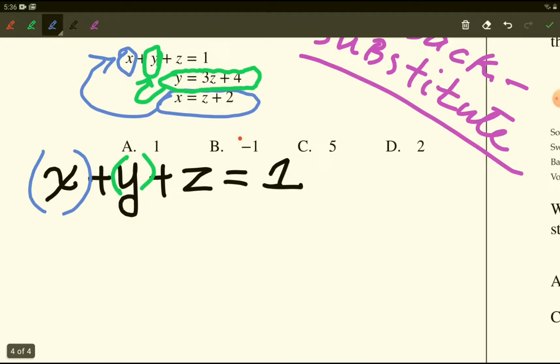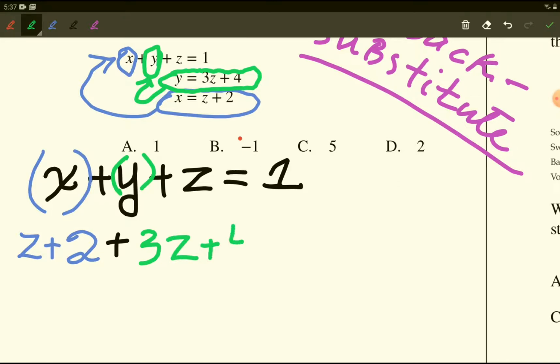What I'm going to do now, x, they said, is z plus 2. Plus y, they said y was 3z plus 4. And then plus z equals 1.